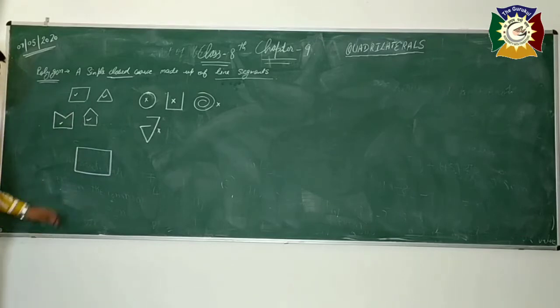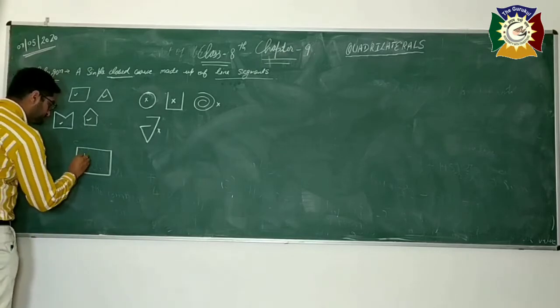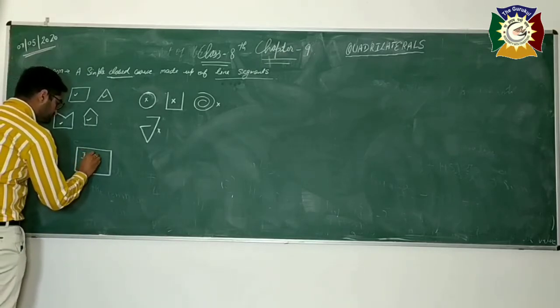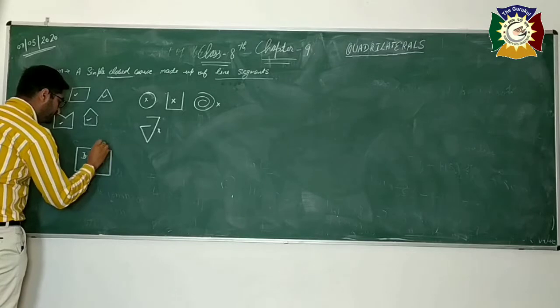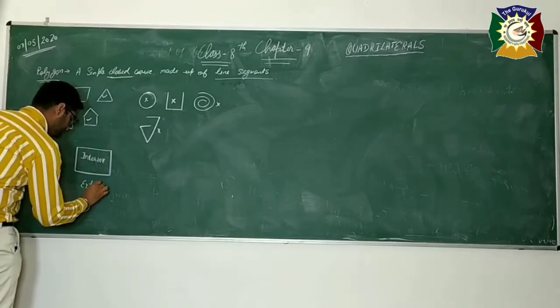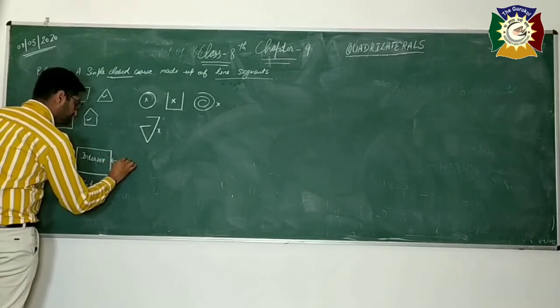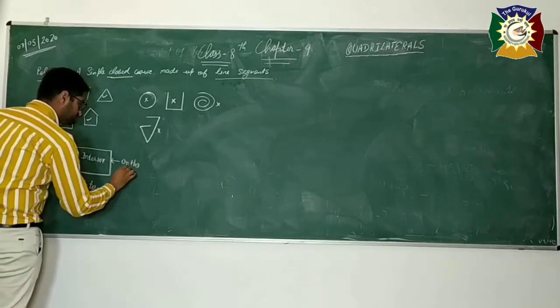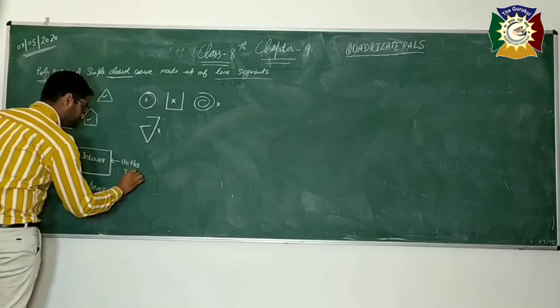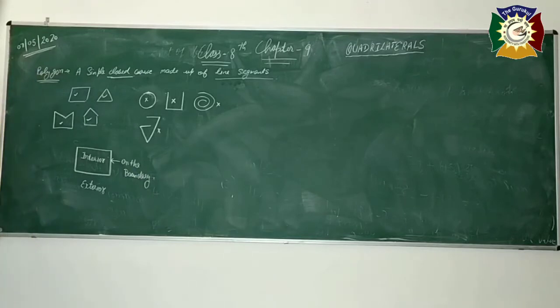Now, if this is a plane and this is a polygon, you can easily see that the polygon divides the plane into three parts: first, interior; second, exterior; and third, on the boundary.